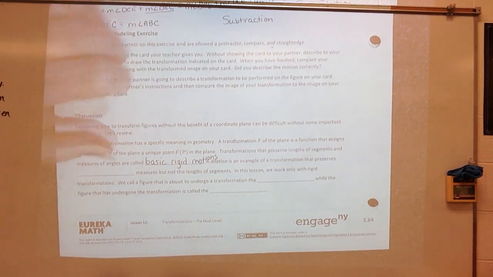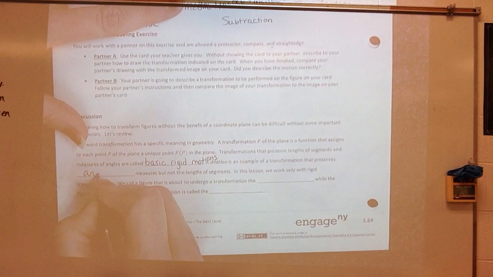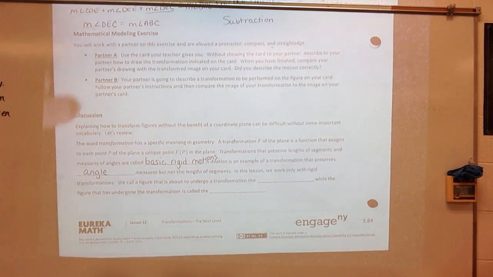It preserves the angle measures, but not the length of the segment. Think about the word dilation. Dilation means to make bigger or smaller. So I'm not keeping the same length, but I am keeping the same angle measures. In this lesson, we work only with rigid transformations.